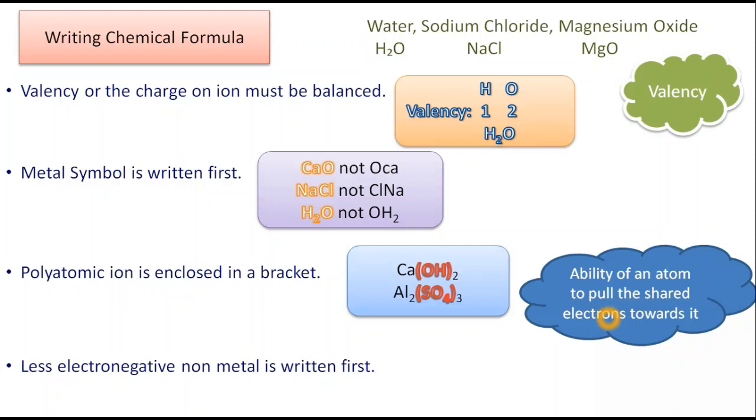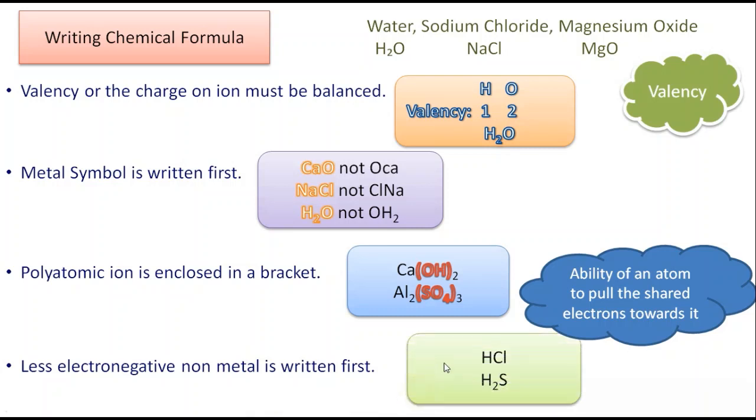So while writing the formula of a molecular compound having two different non-metal elements, you have to write the less electronegative element first, on the left side, and then the more electronegative element comes. That means less electronegative comes first and more electronegative comes next. This is how you write the molecular formula for a compound having two different non-metal elements.